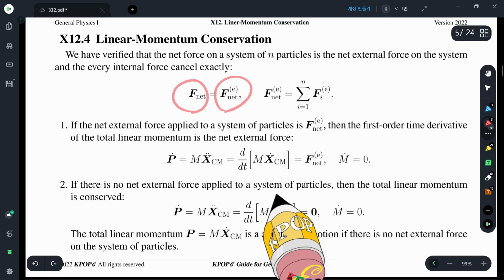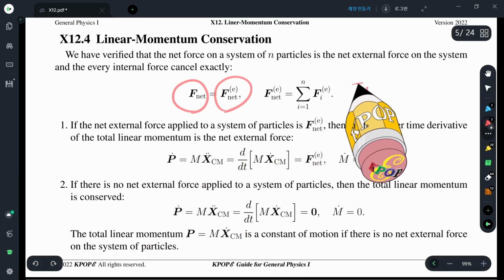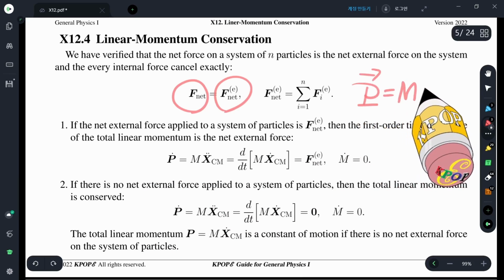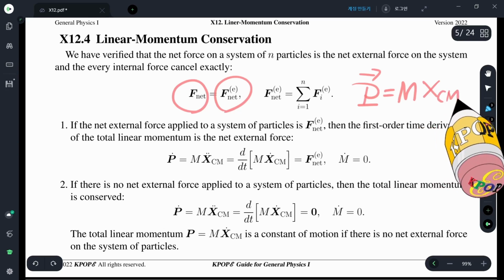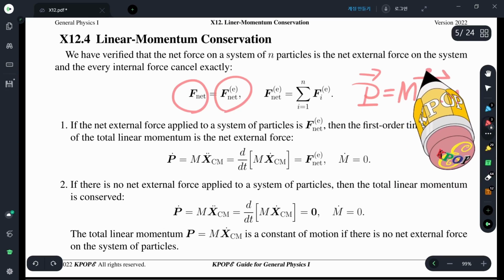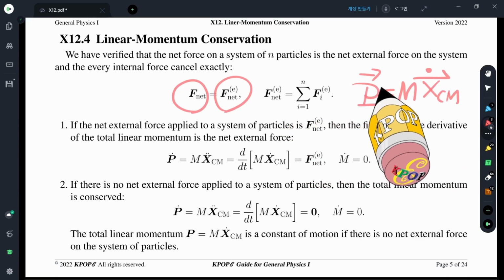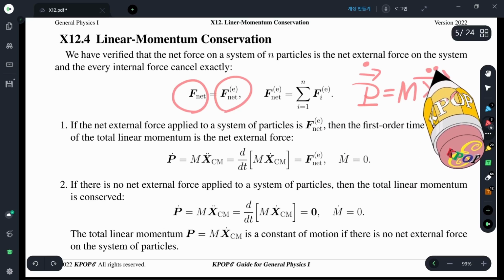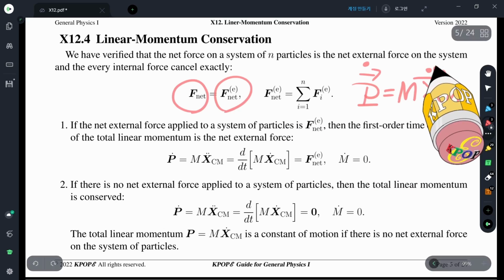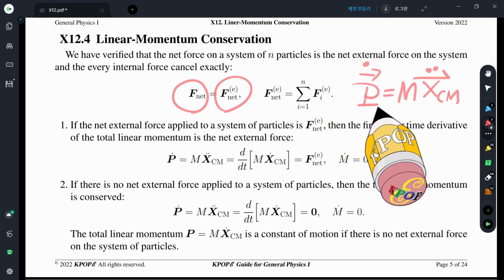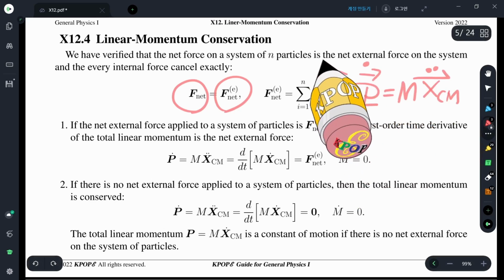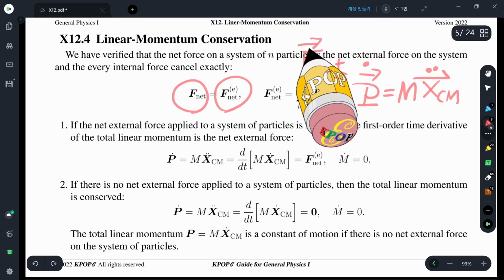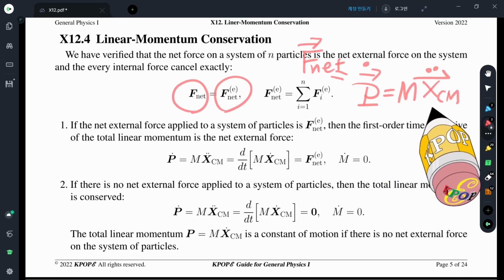Therefore, the total linear momentum capital P is the total mass multiplied by the velocity of the center of mass. And if we take the derivative, we have this. And what is this? The net force on this system.